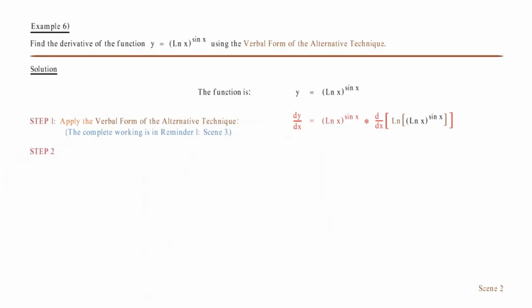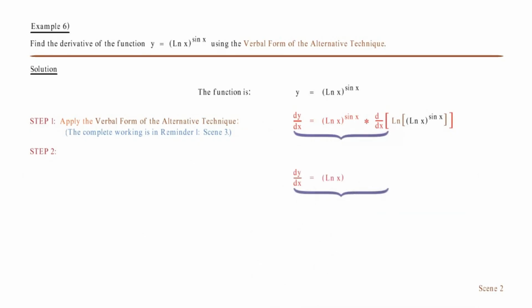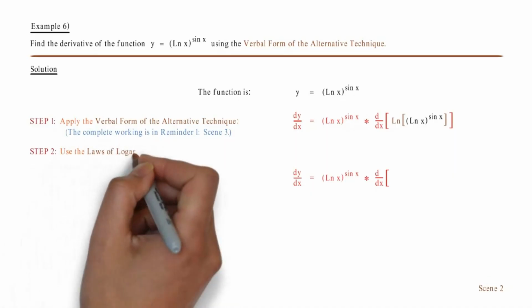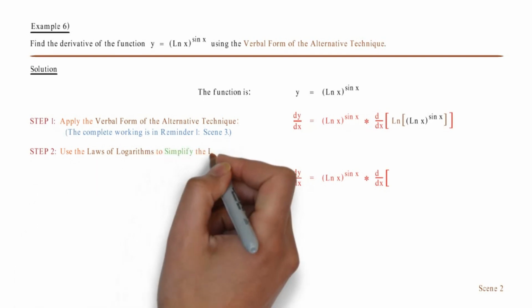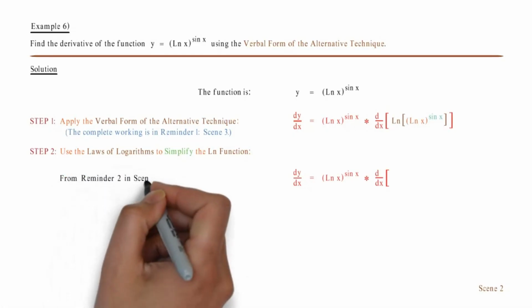Step 2. Bring down. Use the laws of logarithms to simplify the ln function. From Reminder 2 in Scene 3.